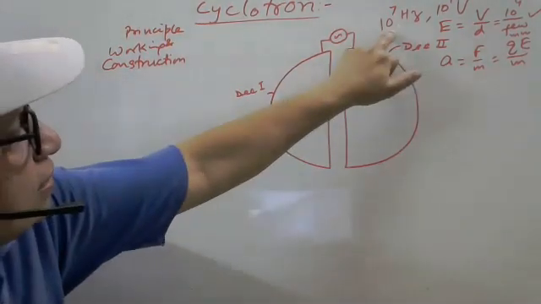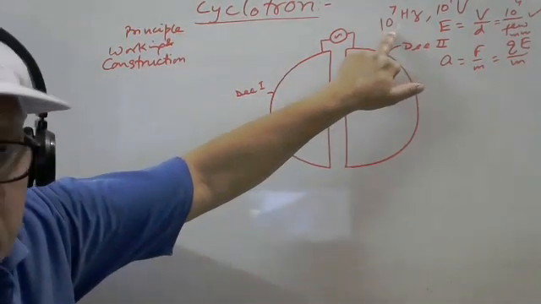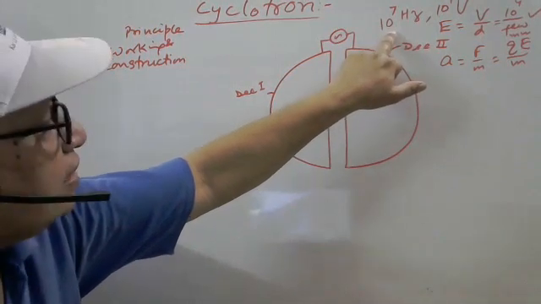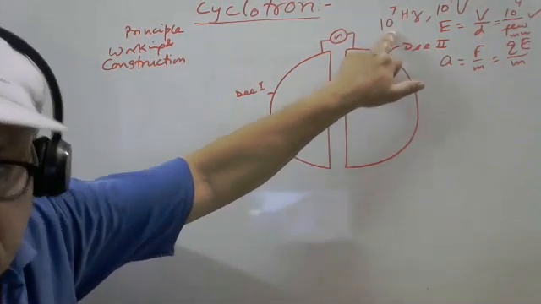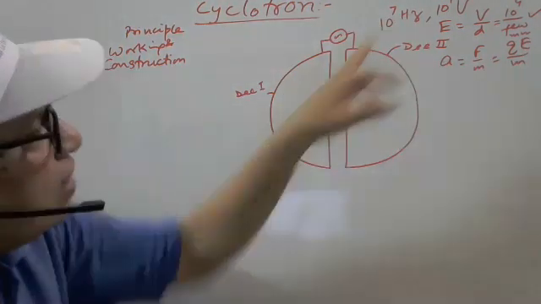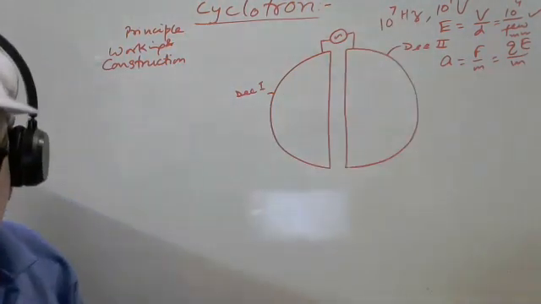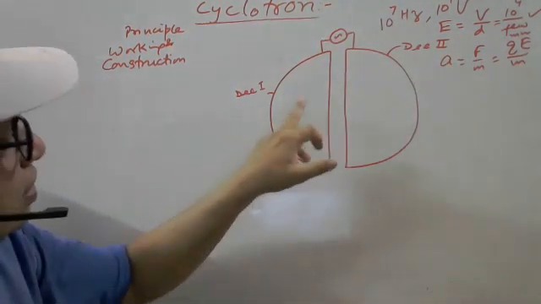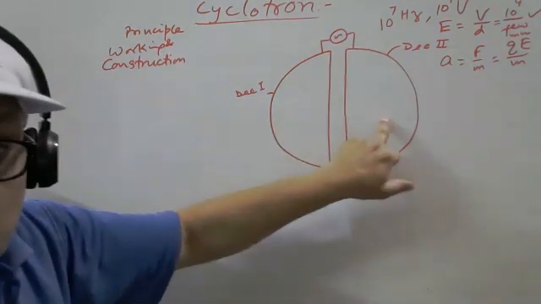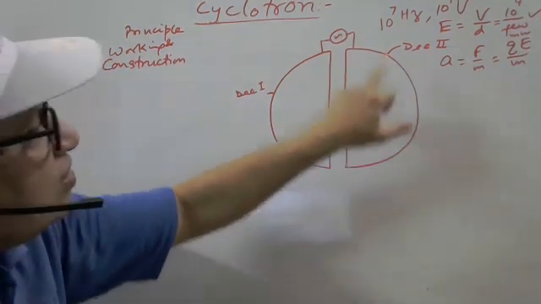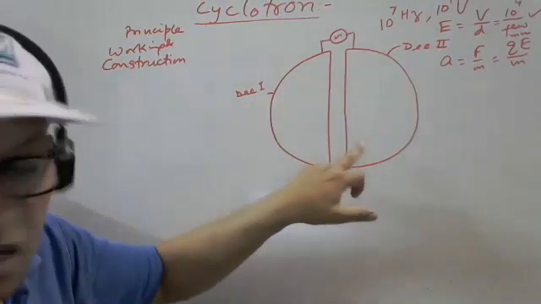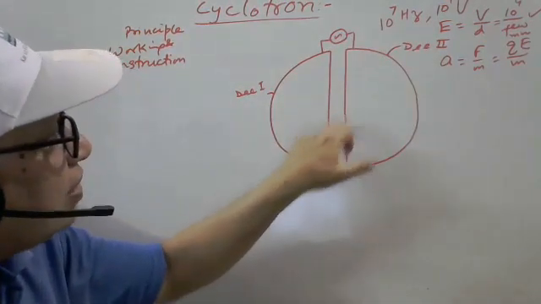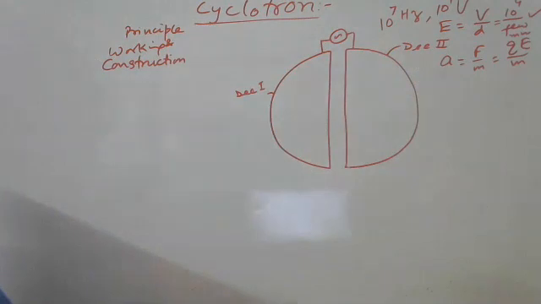But frequency 10 to the power 7 hertz, what does it mean? Frequency 10 to the power 7 hertz means in 1 second there are 10 to the power 7 rotations. And double of this, so twice acceleration. It means in 1 second the charged particle is passing through the electrical field 2 times 10 to the power 7 times.